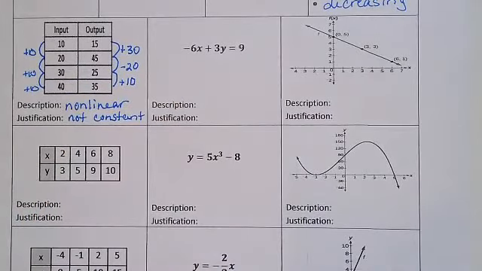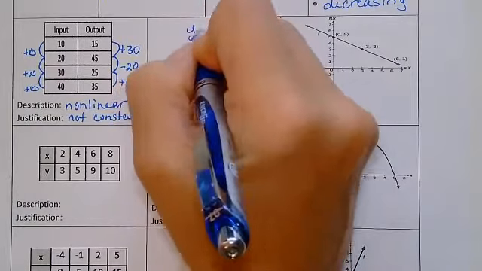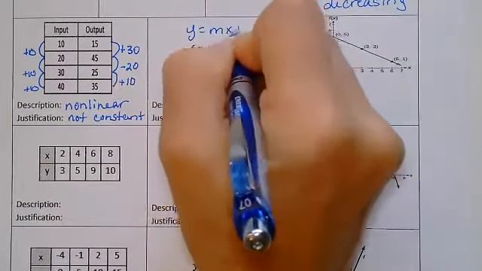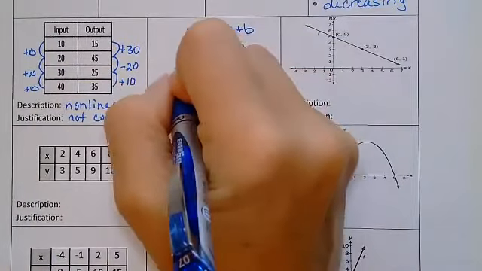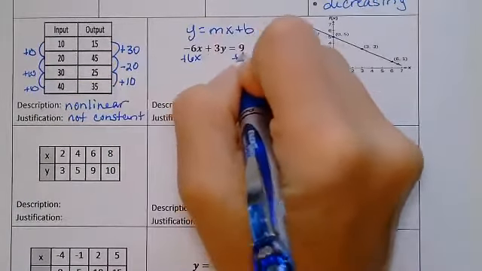All right, let's look at the equation. First of all, I want to get it into slope-intercept form. So I need to do some rearranging. Let's add 6x to both sides.